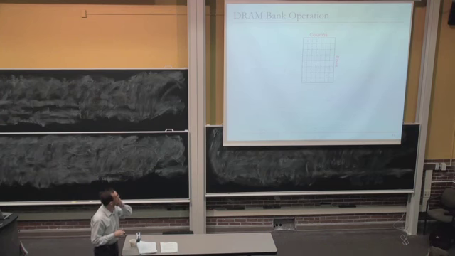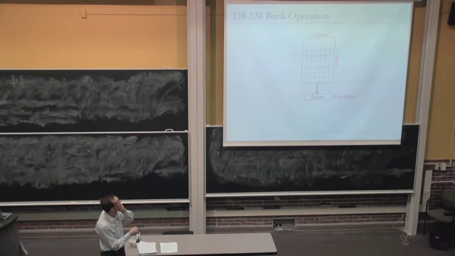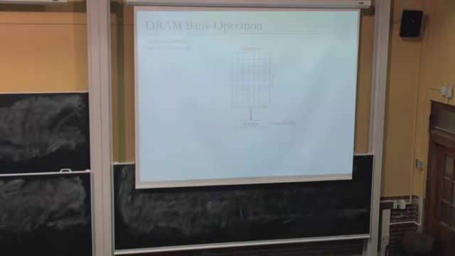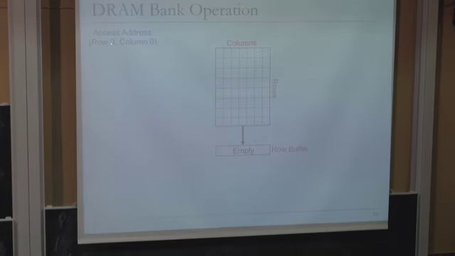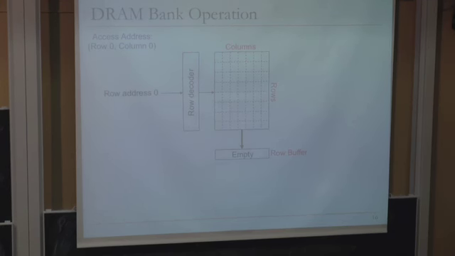So this is a picture I had shown you earlier. This is a pictorial animation of DRAM bank operation. Initially, let's say your row buffer is empty, and the processor needs to access the address at row 0, column 0. What the controller needs to do first is to send the row address and send an activate command to the DRAM bank.